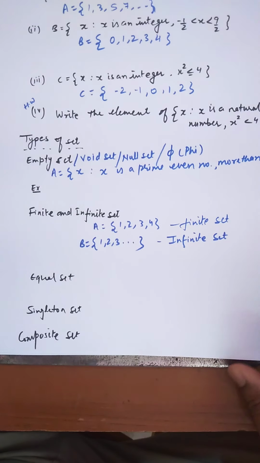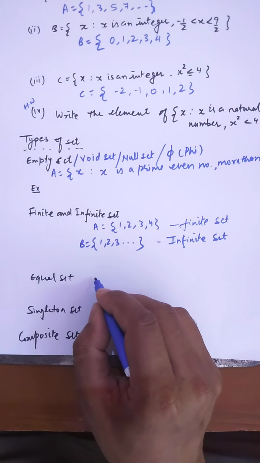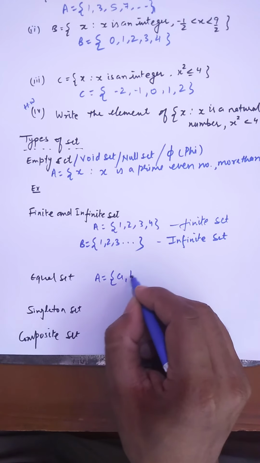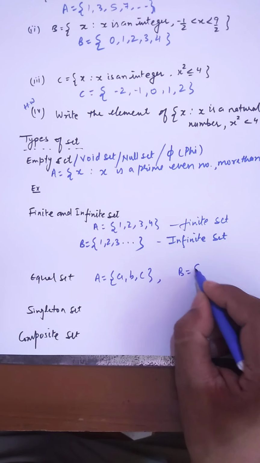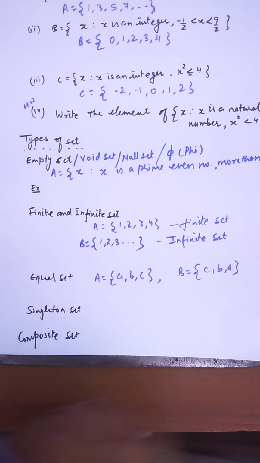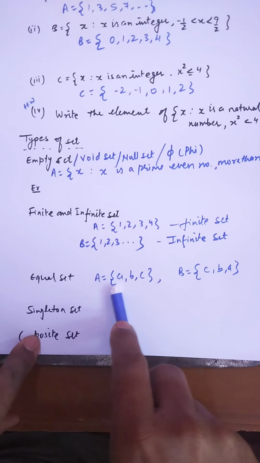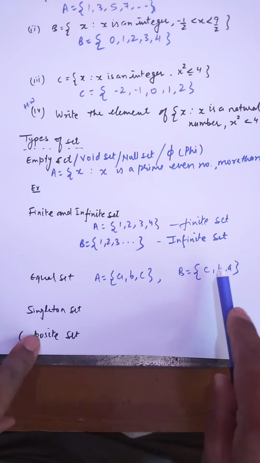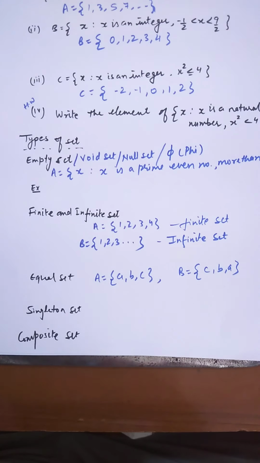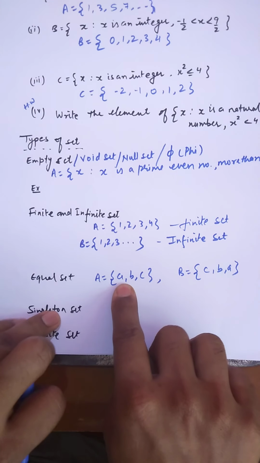Okay, next is equal set. Let's say I'm writing a set A, this is a b c, and I'm writing another set B like this, c b a. So if I ask you whether these sets are equal or not, some of you might say yes, but we should have a basis for how we can say the sets A and B are equal. We'll first see the number of elements. Here the number of elements is 3, and here also the number of elements is 3. If the number of elements is the same, then you go to the individual elements. Is a here or not?